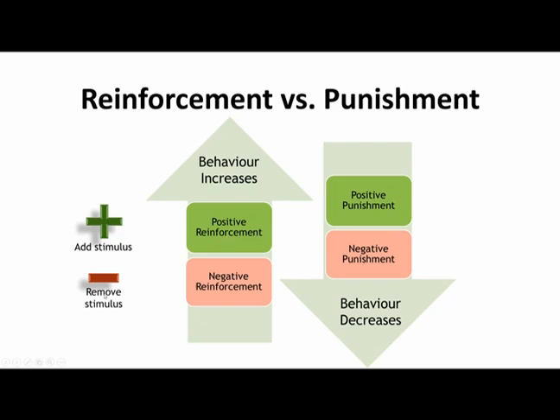If we're removing a stimulus, it's going to be negative. And then we can ask ourselves, does the behavior increase or decrease? If the behavior increases, it's going to be reinforcement. And if the behavior decreases, it's going to be punishment. And so that way, just by looking at whether we're adding or removing a stimulus and whether the behavior increases or decreases, we can differentiate between positive and negative reinforcement and punishment.